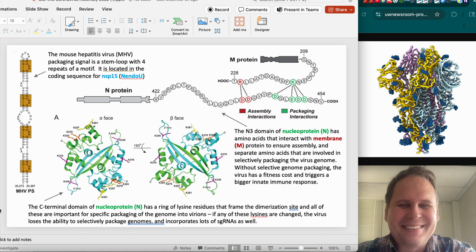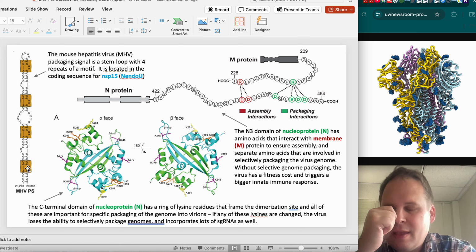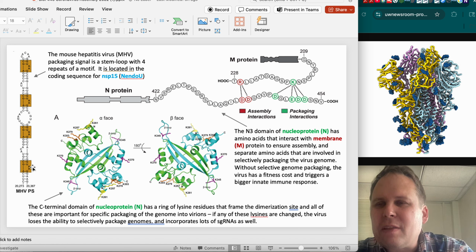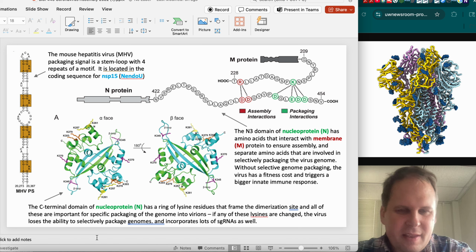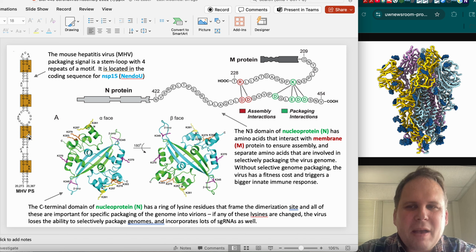I don't know. Terrible. But you can see on this packaging signal that there are repeating units with the little 2 A's or an AG hanging out and the CG-GU-AU pairs that are up here. That little unit seems to be just about equally spaced here.